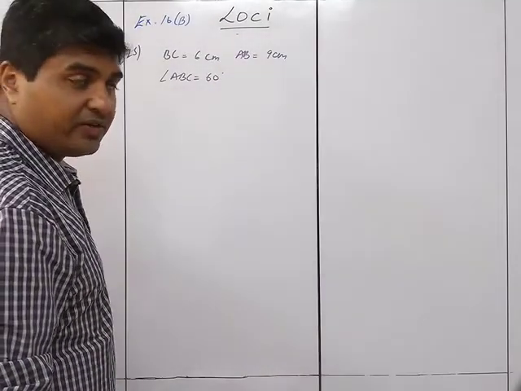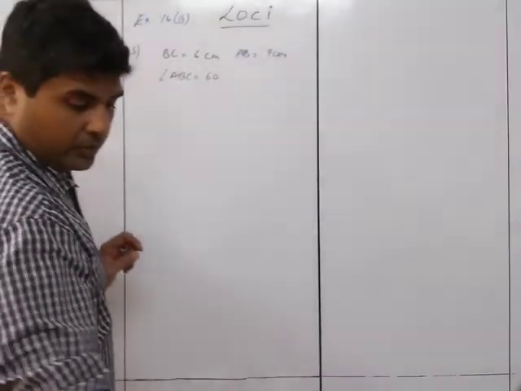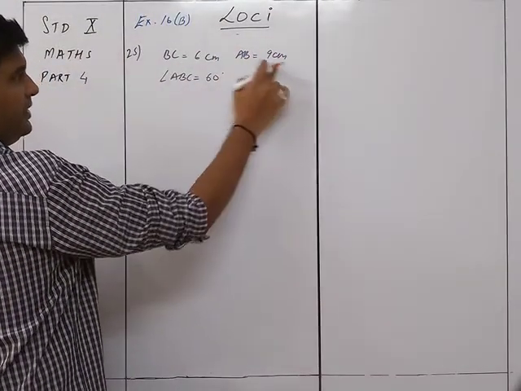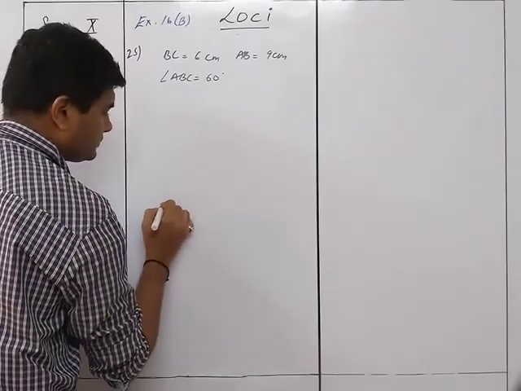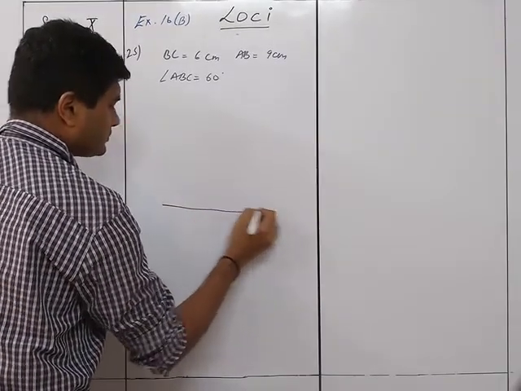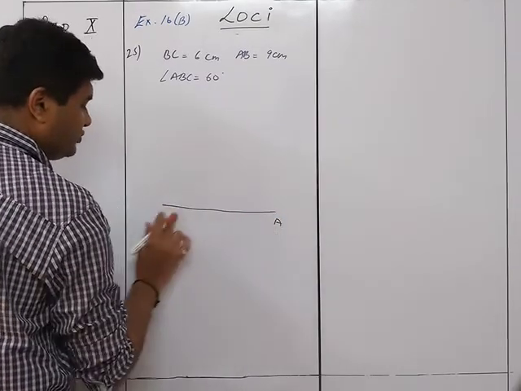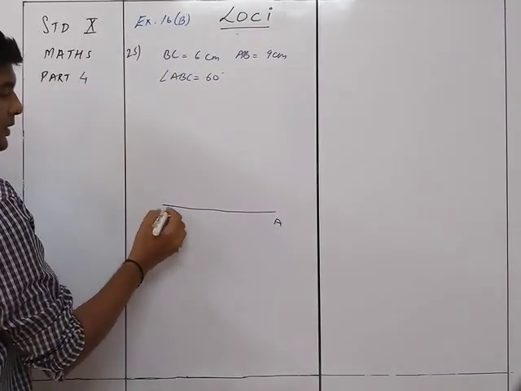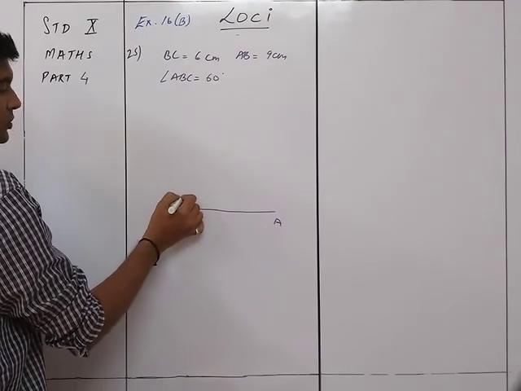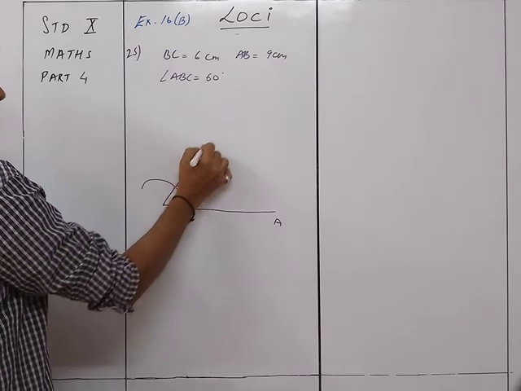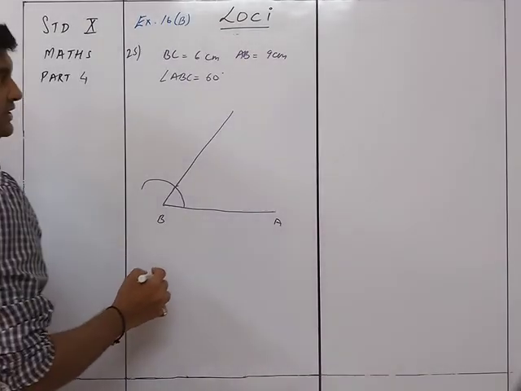So let's draw the figure first. You need to construct a triangle. We'll take AB as 9 centimeters down; we'll take this as A and this as B. Taking 60 degrees over here, so the arc of 60 degrees gives you the 60 degree angle here.